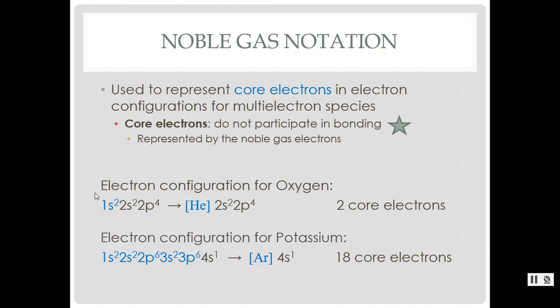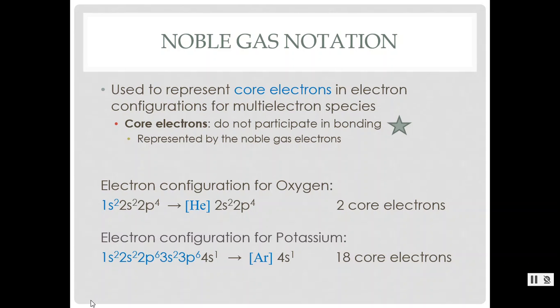So instead of writing 1s2, I just put the symbol for that noble gas, specifically helium, in brackets. And then the rest of the electron configuration is what you would do for a normal configuration, 2s2, 2p4.